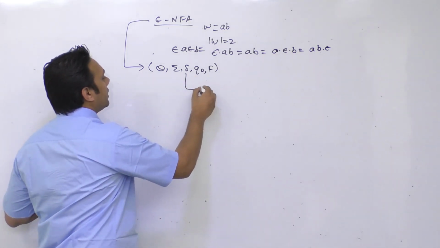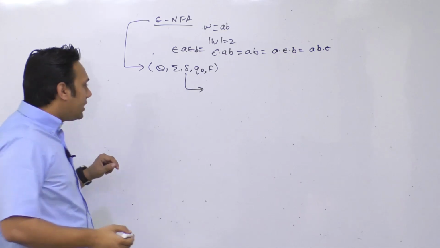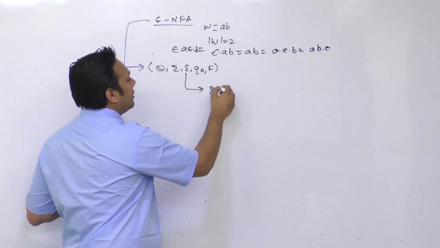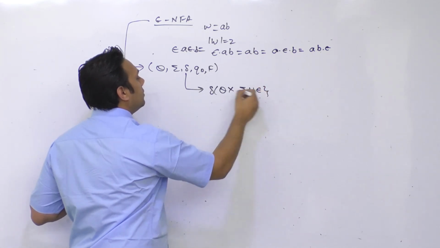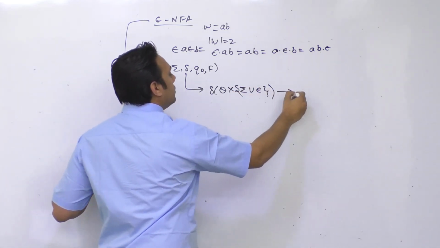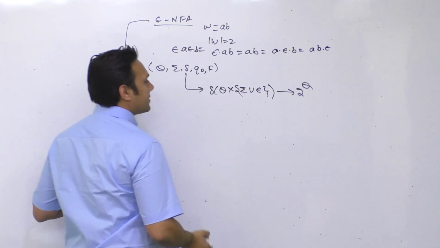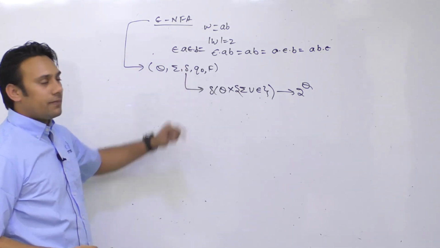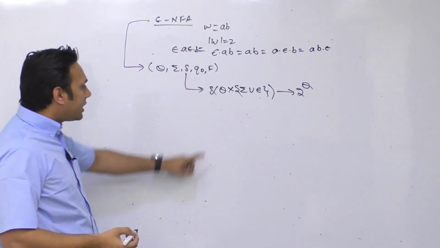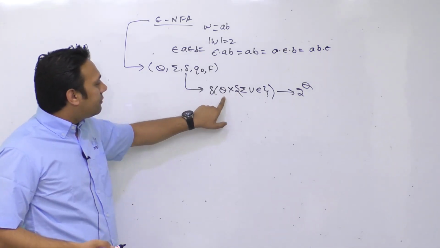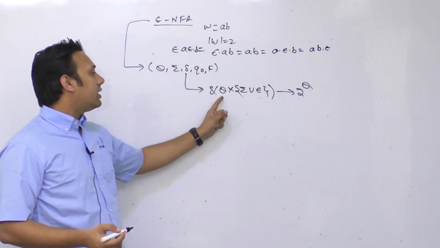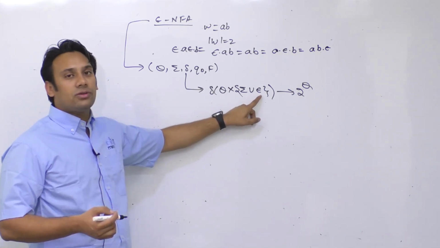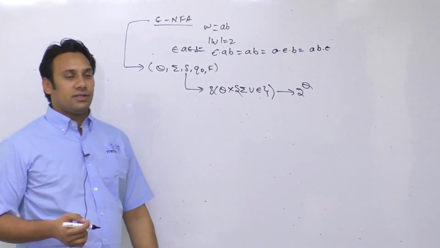In the case of an epsilon NFA, delta is Q cross (Sigma union epsilon) going to 2 raised to power Q. This is the difference here. If you are at a state and looking at a symbol, you can make a transition, or if you are at a state, just by looking at an epsilon symbol, you can also make a transition.